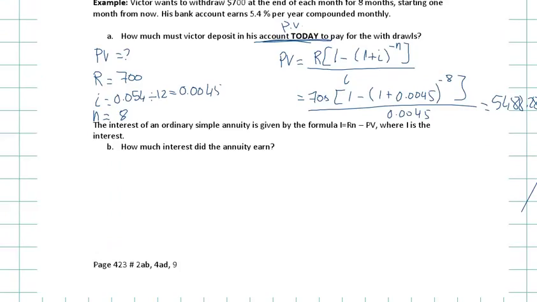So you're going to do this: 1 minus, open bracket, and then put negative 8 in the power.